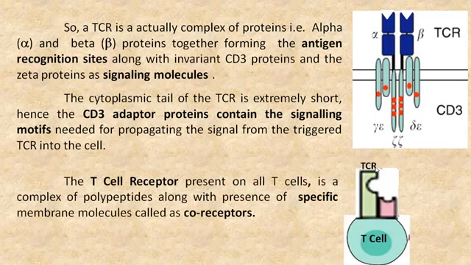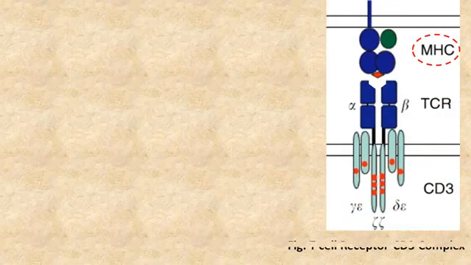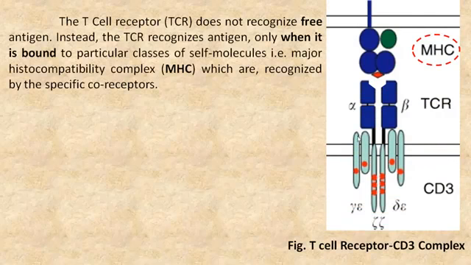The T cell receptor present on T cells is a complex of polypeptides along with presence of specific membrane proteins called coreceptors. The T cell receptor does not recognize free antigen.